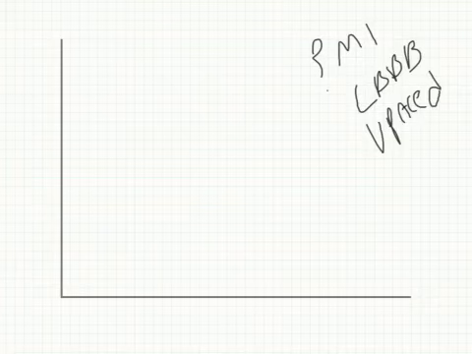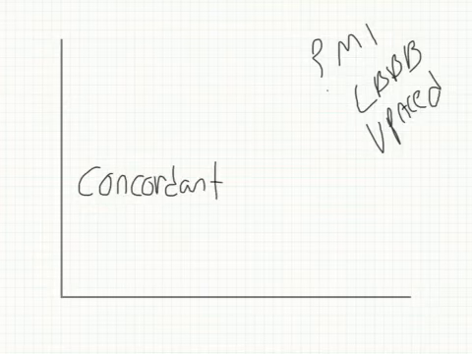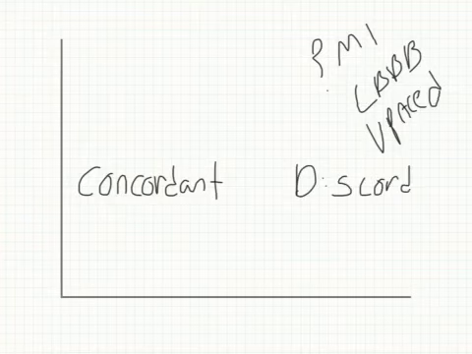So before we get started, we need to become familiar with two terms. One is concordant, and one is discordant. And all these terms refer to is where the complexes are in relationship to the isoelectric line.